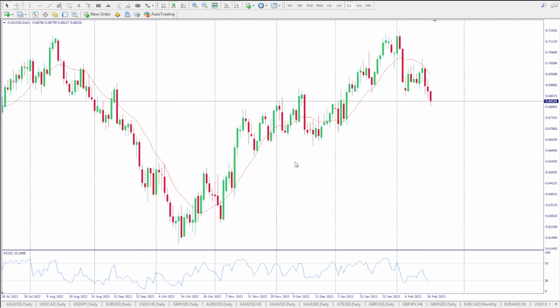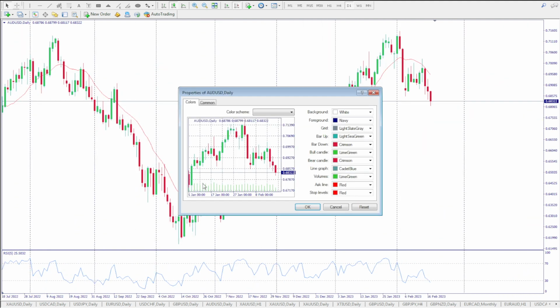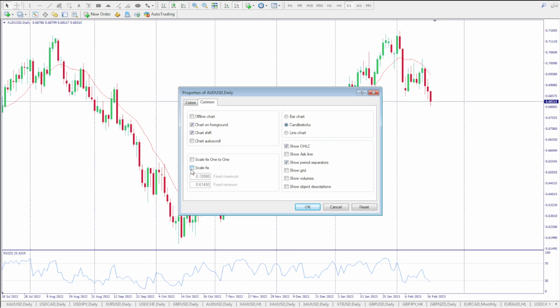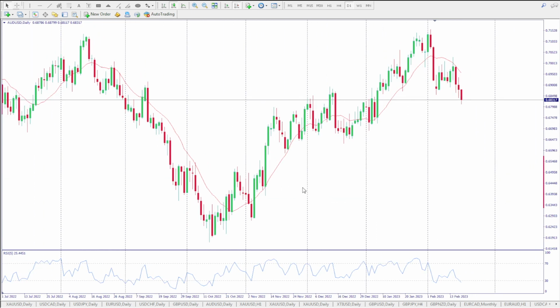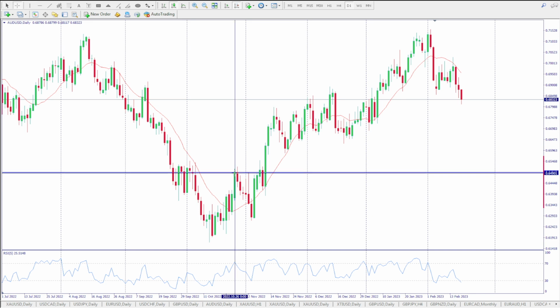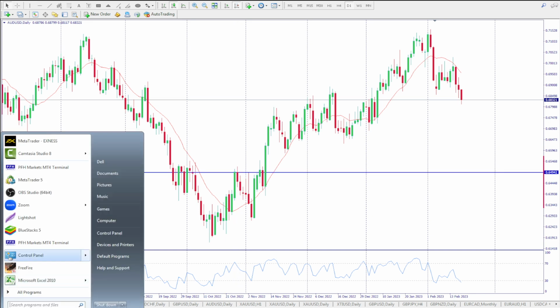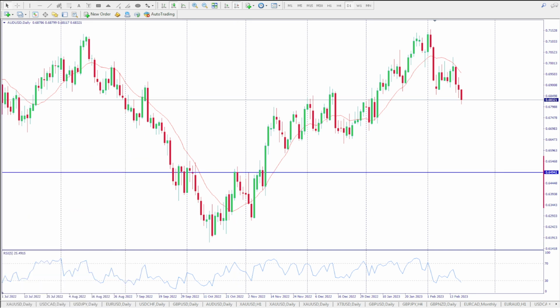So support and resistance, the traditional way of drawing it is, let's say the market goes up from a specific point, and then goes straight up and then down.